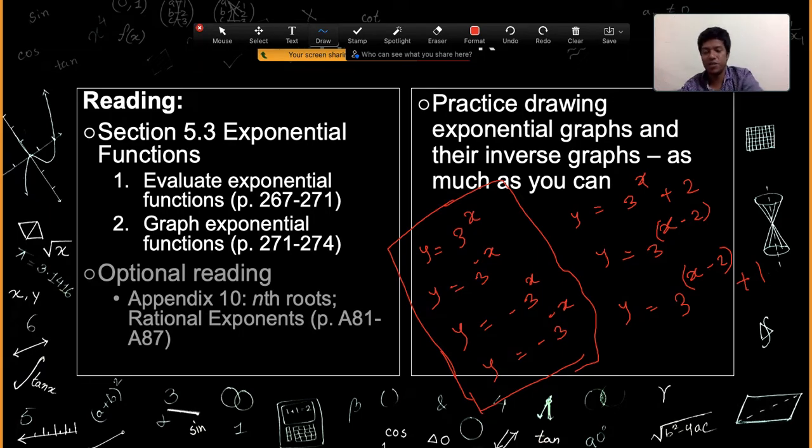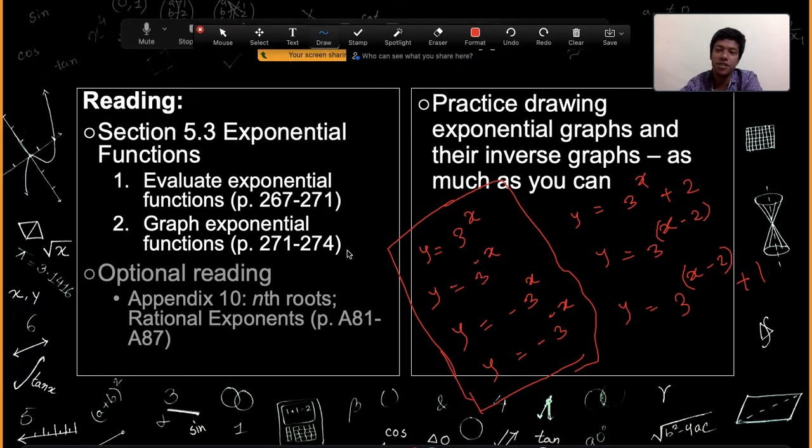You must first of all know what is the graph of 3 to the power x. Do you understand? 3 to the power x, 2 to the power x, e to the power x, their shape is same. So once you know one of them clearly, then actually you know the others also. If you know 3 to the power x, then you will know 2 to the power x.